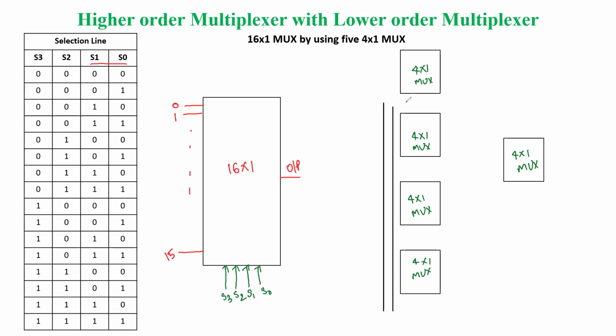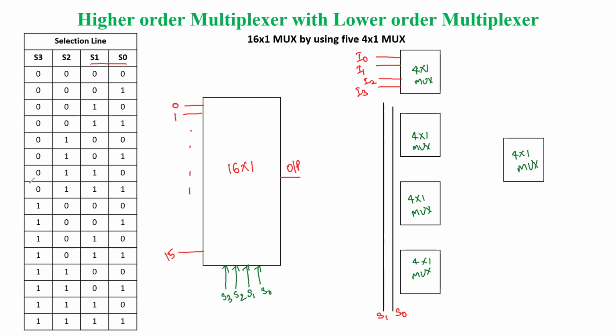Whenever this combination of selection lines changes, it selects the inputs accordingly. Here we write the inputs as I0, I1, I2, and I3. For the first stage we take the common selection lines S0, S1, so from the LSB side, 2 bits are taken as the selection lines.